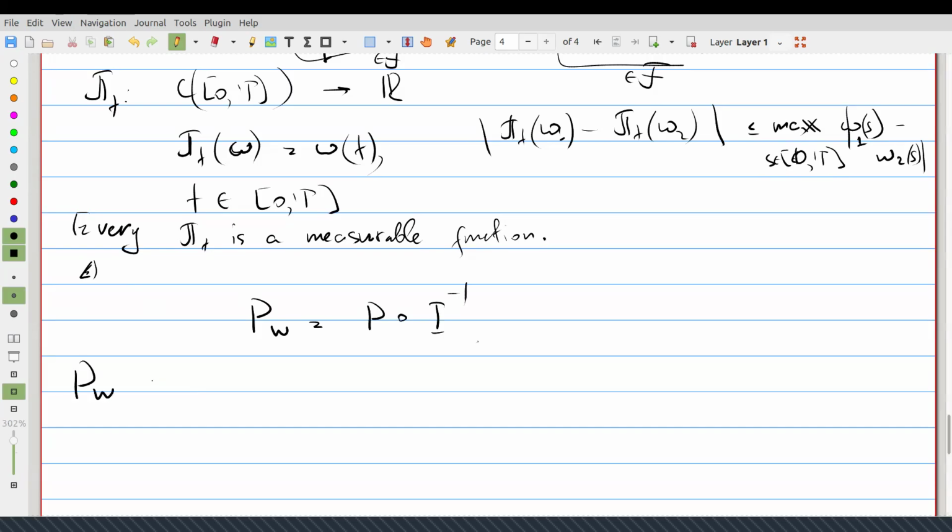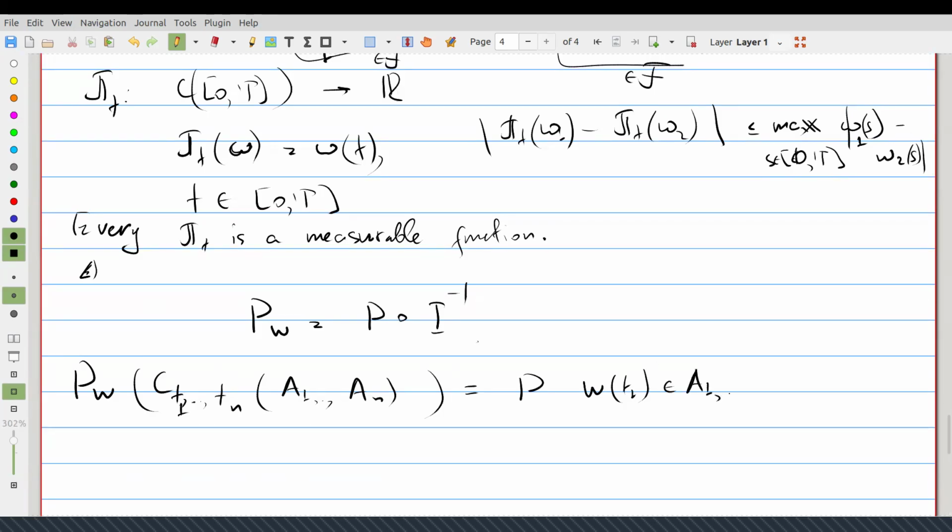In particular, this means that if we ask about a finite dimensional distribution of a Brownian motion, this is effectively the measure of a cylindrical set under W. It might be one of the best ways to describe this measure, because obviously we can write it explicitly.